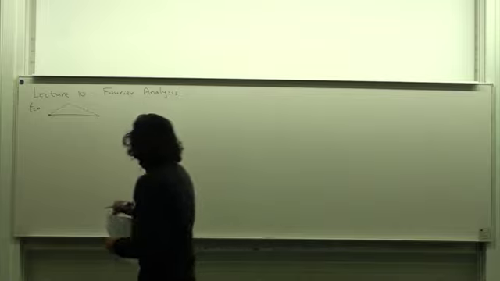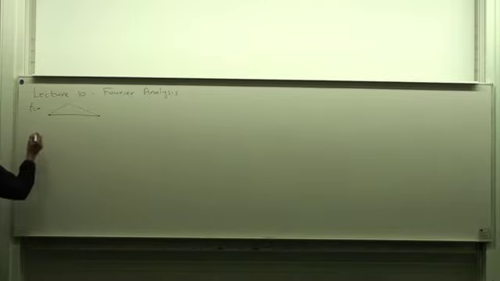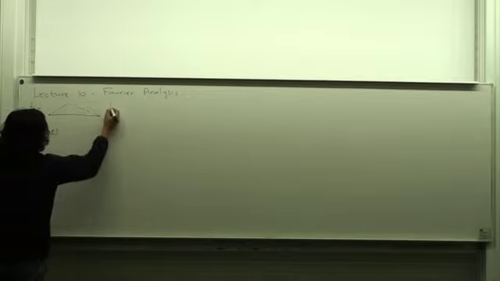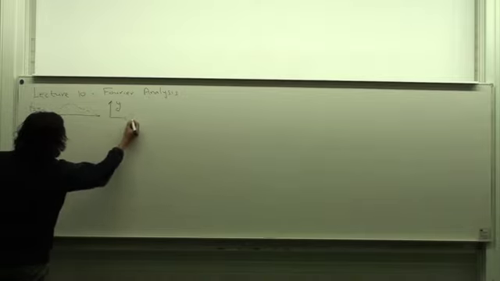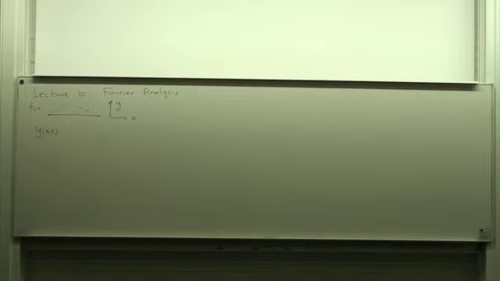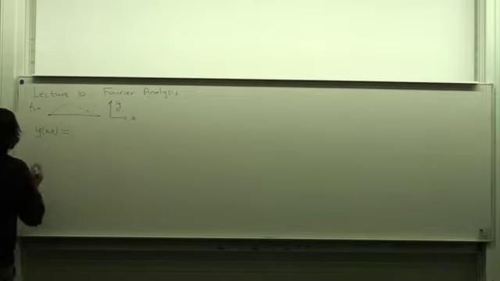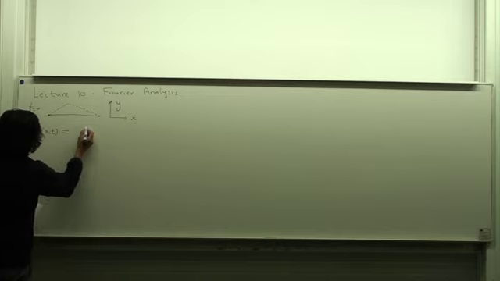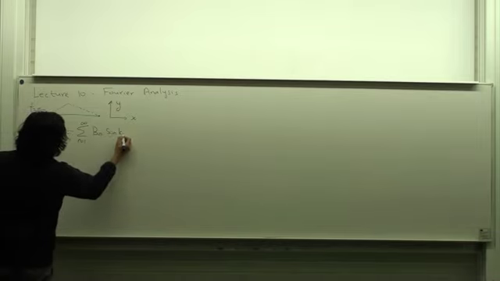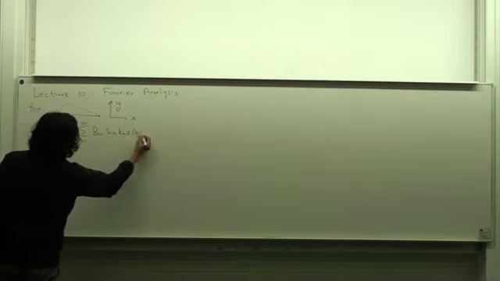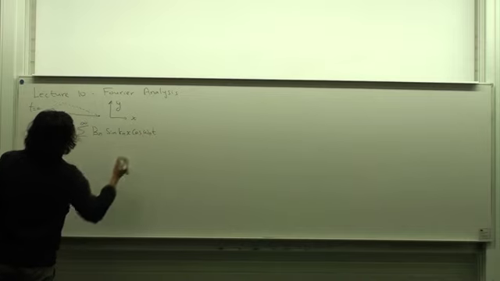Okay, so we have y of x and t. This is the y direction. In general it would be the summation, n from 1 to infinity, of some amplitude bn sine kn x cosine omega n t.